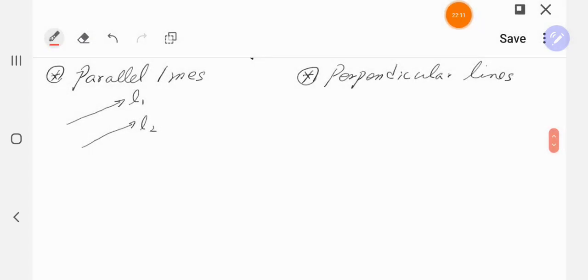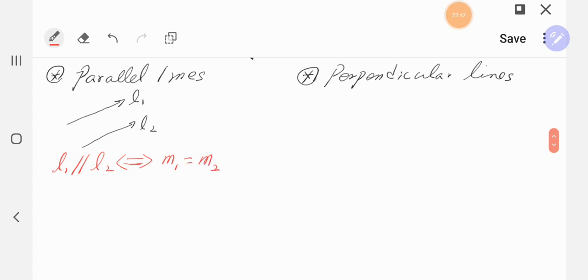Okay, let's check 2 lines. The 2 lines are parallel, or the 2 lines are perpendicular. Depending on these lines, let's find out the differences between their slopes. If line 1 and line 2 are parallel, then we can write it like this: line 1 is parallel to line 2. This is the parallel symbol. Then what happens? If and only if line 1 and line 2 are parallel, then their slopes are the same.